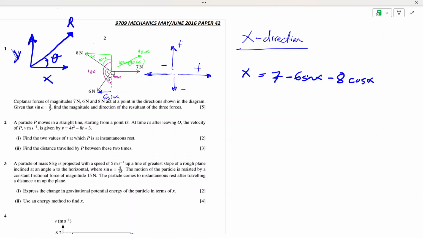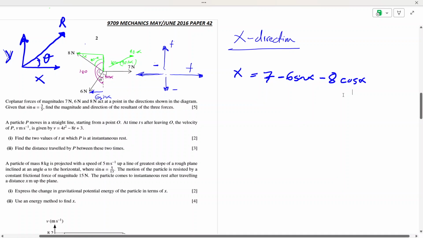That's it for the x: we've resolved both of our forces for the x direction. Then I'm going to do the same for the y direction as well.